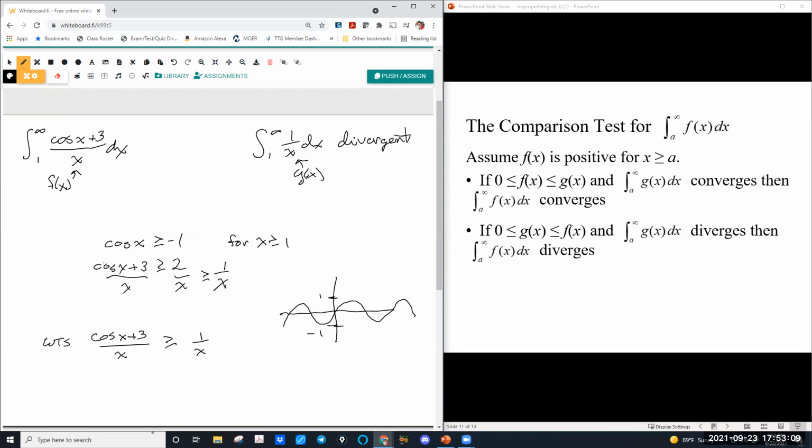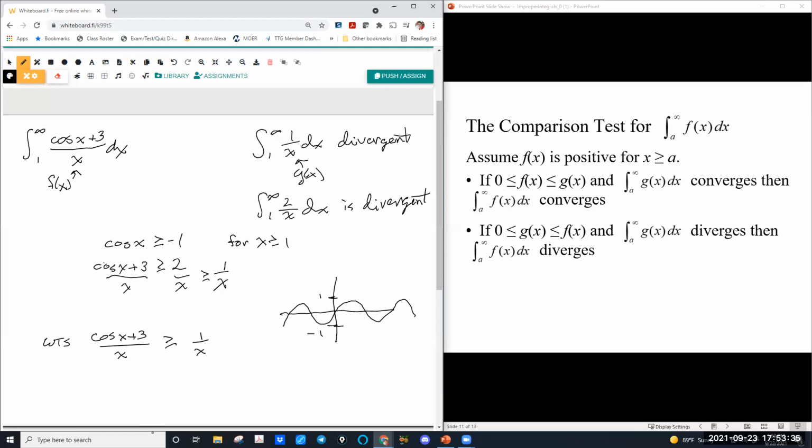So if 1 to infinity of 1 over x dx is divergent, then any number times it, 2 over x, because that's just double this, is divergent. That's always true. That's a fact. That is something we can use in these proofs.